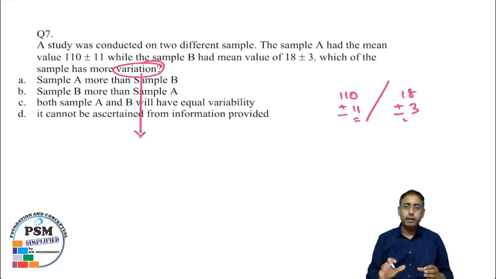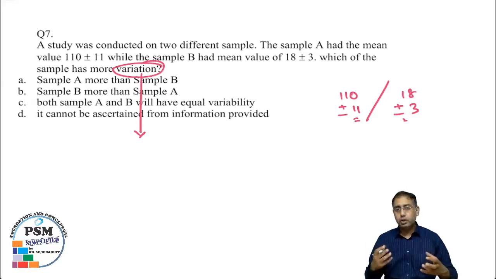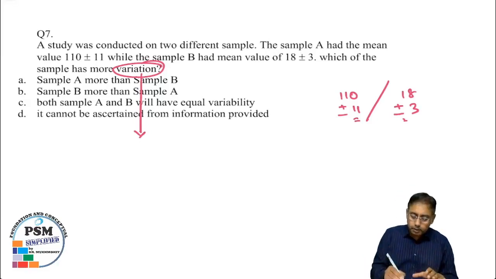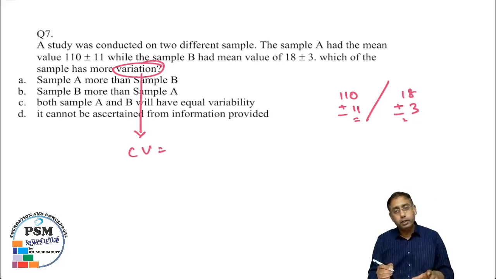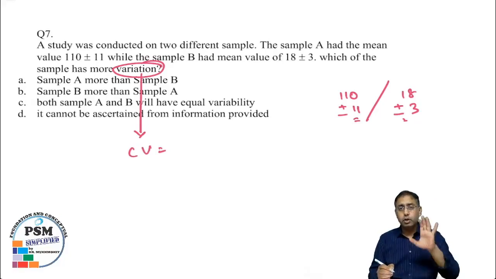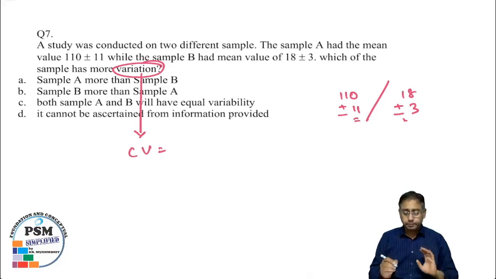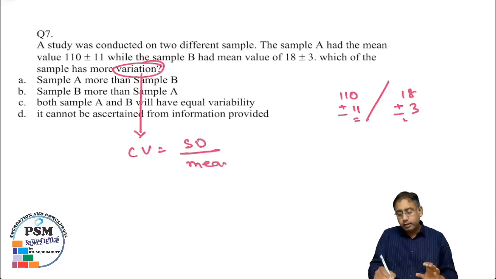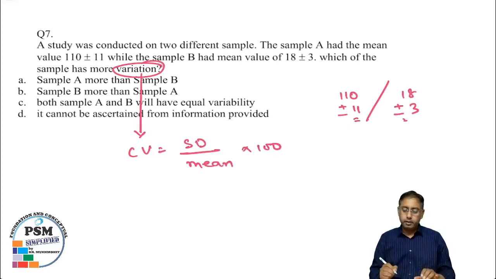Over here, we are not comparing the data. We want to find out which has more variation, called the coefficient of variation. If you remember the formula, I told you in the class and I helped you in the formula sheets also. Coefficient of variation is given by standard deviation over mean into 100.